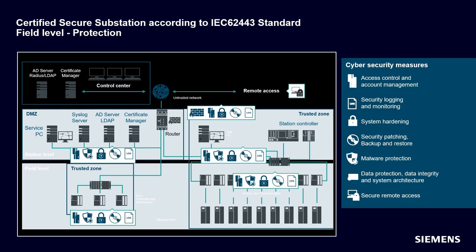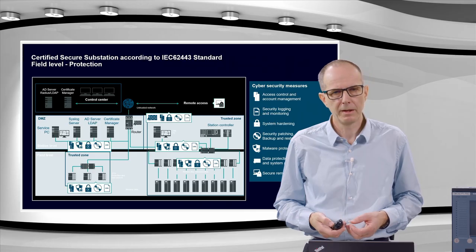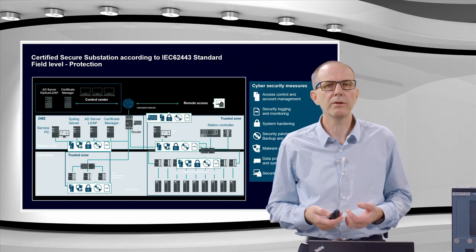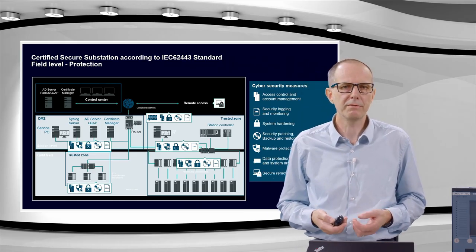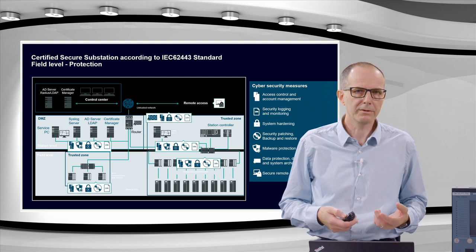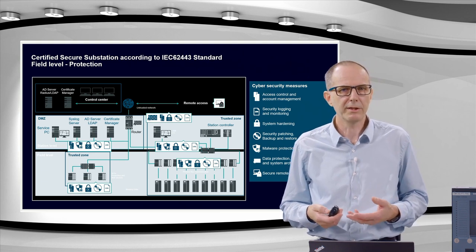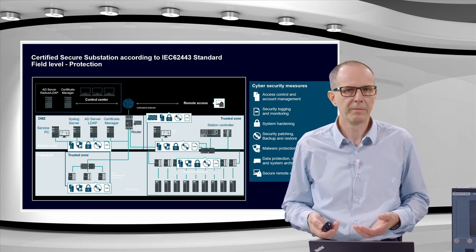Today, we will cover some aspects that are especially relevant for the cybersecurity of this protection relay. In the end, the goal of all of these measures is to ensure the availability and integrity of the protection relays. That is why we will also learn, for each feature in the device, the counterpart in the secure substation that will interact with the device.